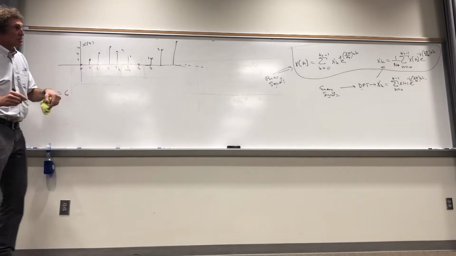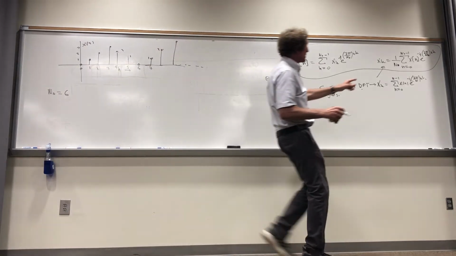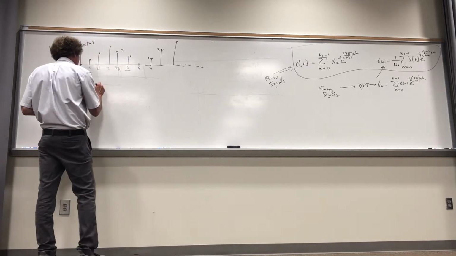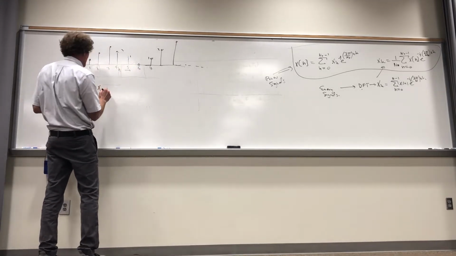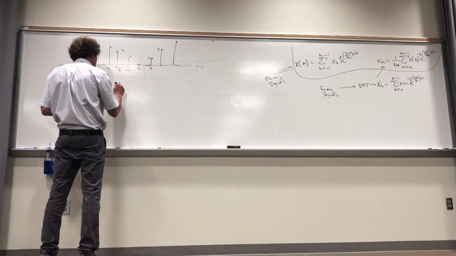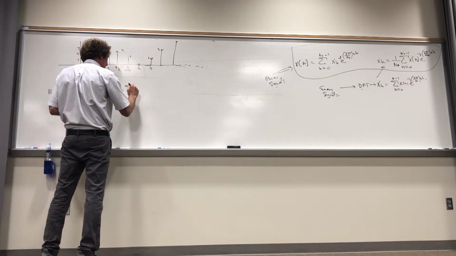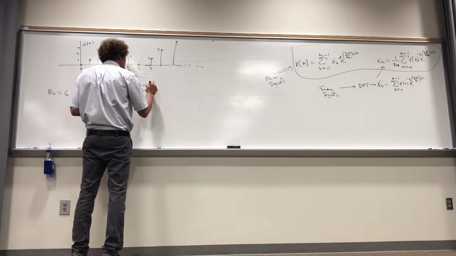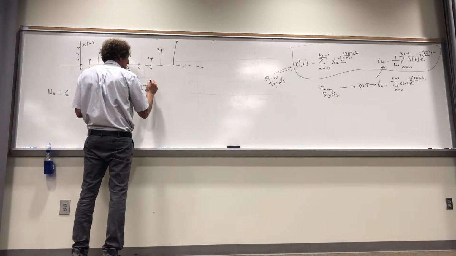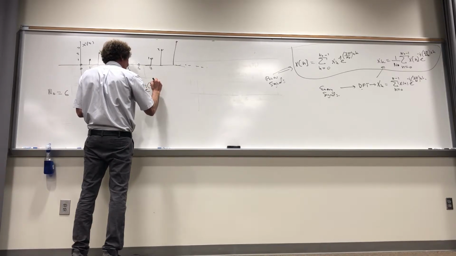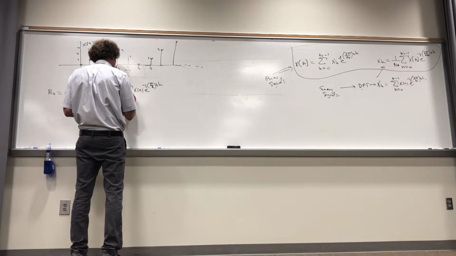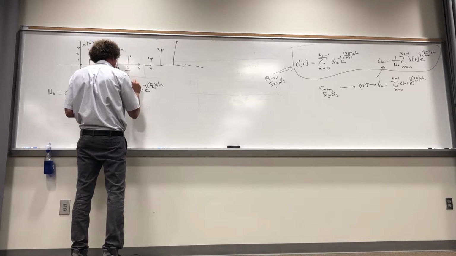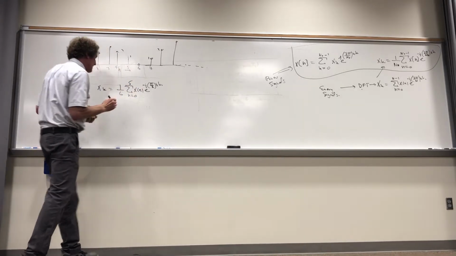Now, next, when you look at the values here for x of k, x of k by definition is equal to 1 over 6 times the summation of x of n times e to the minus j 2 pi divided by 6, or really pi over 3, to the nk power, n equals 0 to 5. You're going to sum starting at 0 to 5.